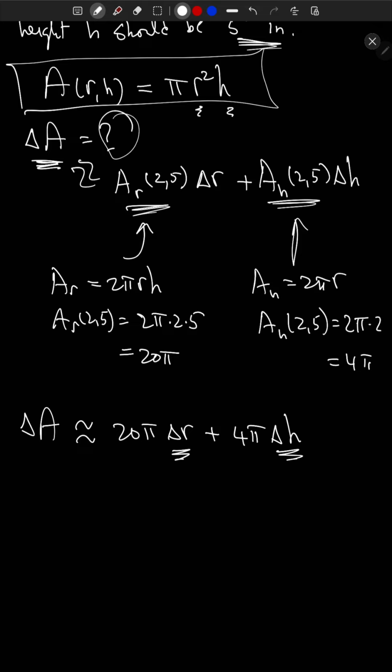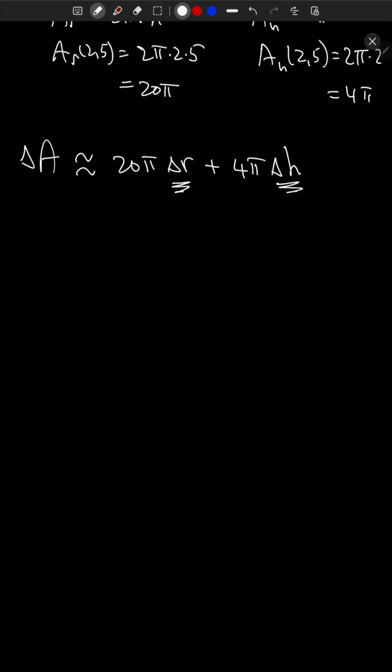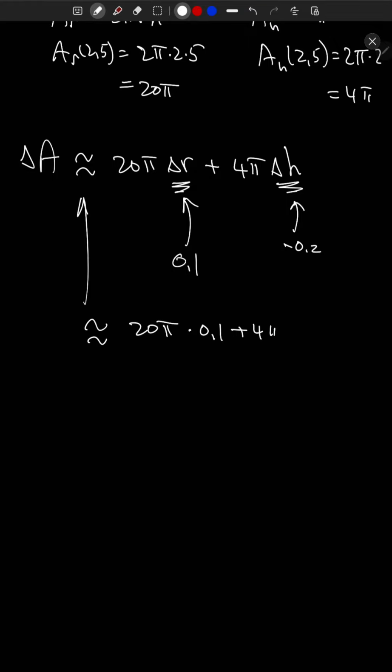Okay, so this tells me, again, if I have some manufacturing error, right? If my radius is made too big by a certain amount, 0.1, let's say, and let's say my height is made too small by a certain amount, let's say minus 0.2, then I know the deviation of my can's area from what I actually want is going to be roughly 20 pi times 0.1 plus 4 pi times minus 0.2.